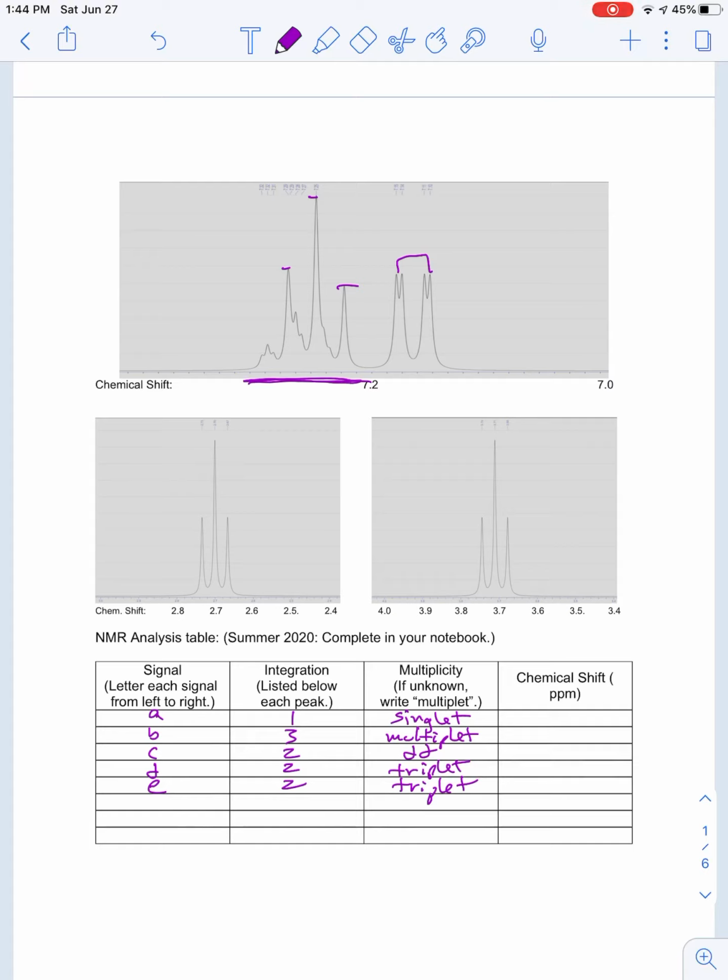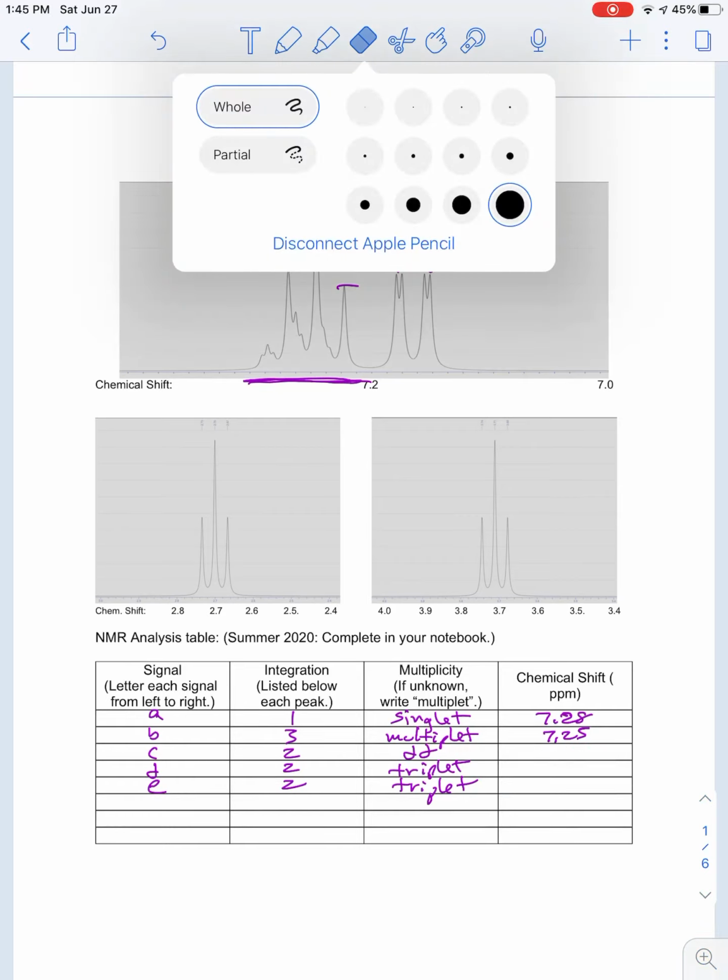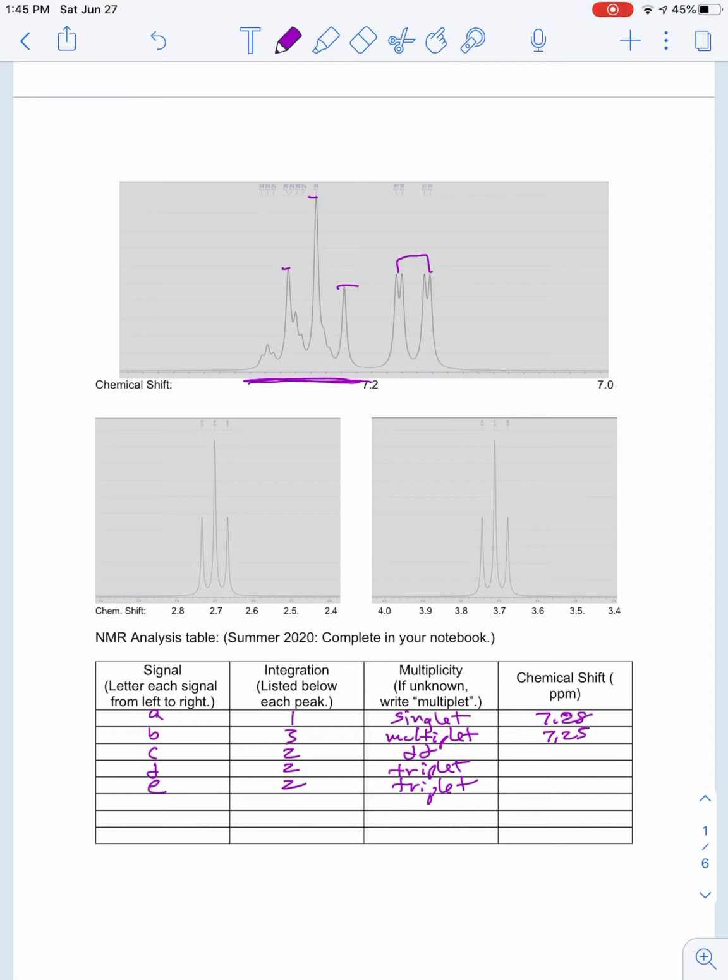And then chemical shift, these are all going to be around 7.28, 7.25. And then let's change that one to be a little bit lower. And let me change this to be smaller. You may be wondering, oh, I didn't know professors made mistakes.